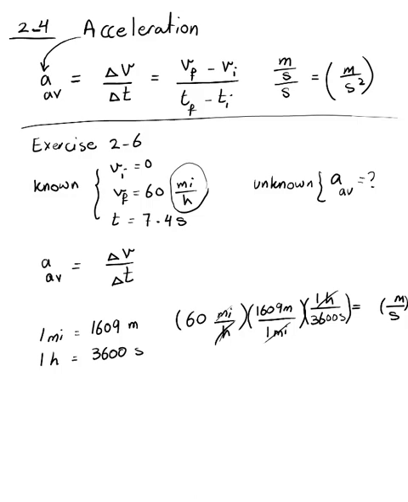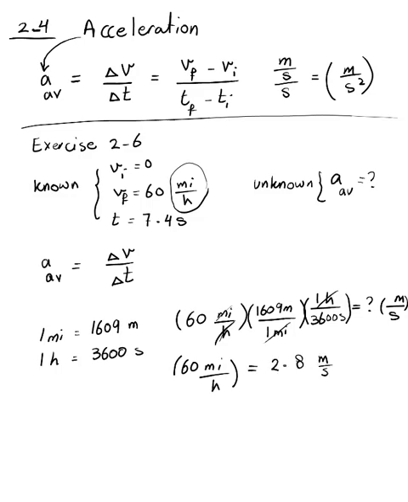So what is this? It's going to be 60 miles per hour equals... you're going to multiply 60 by 1609 meters and then divide it by 3600 seconds. Let me calculate it in a second.